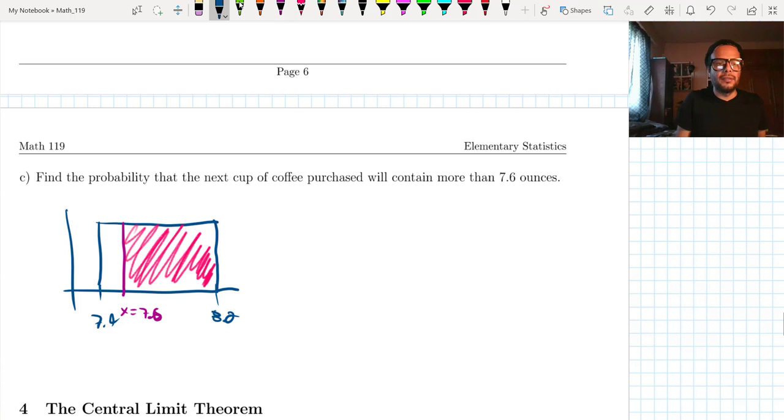So this is going to be x1, this will be b, as well as x2.